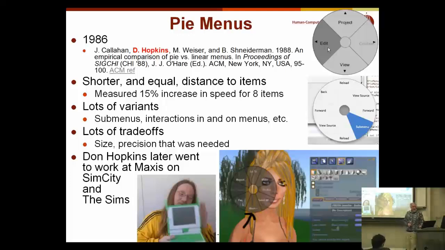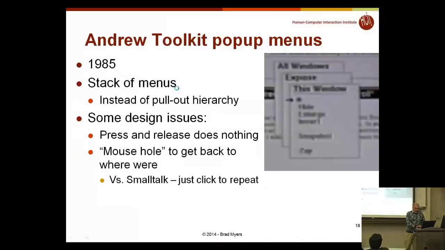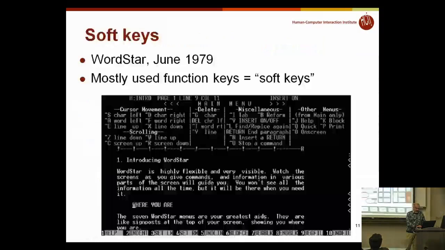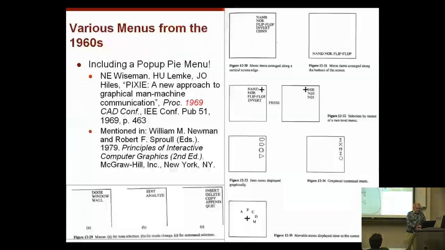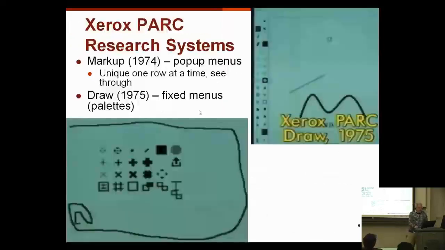So another innovation was pie menus. There's an interesting story about this. As we saw way back here in the textbook, there was already the idea of a radial menu where things are arranged in a circle. So this is from 1969.